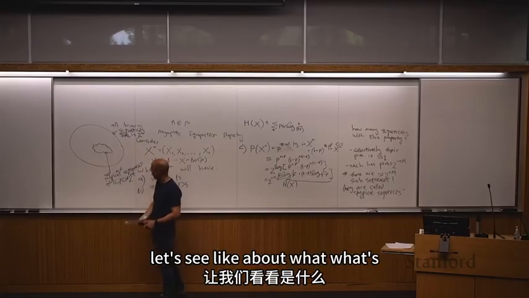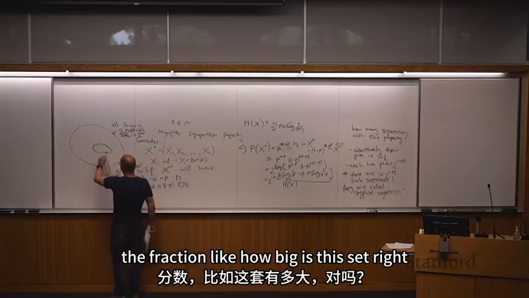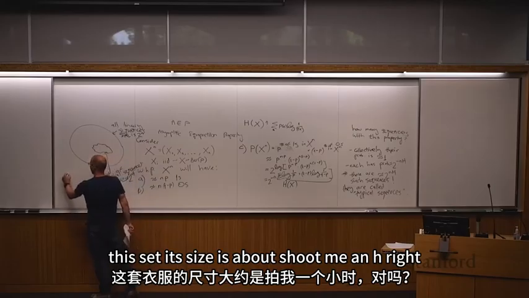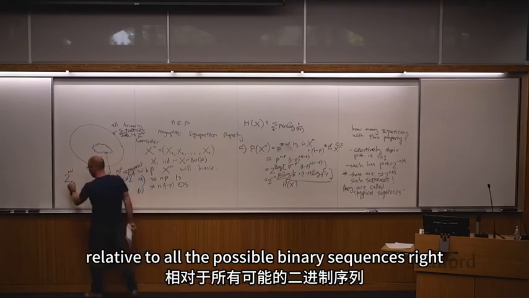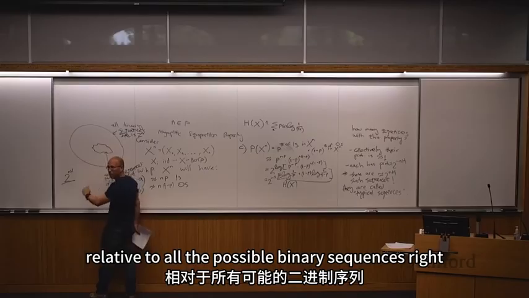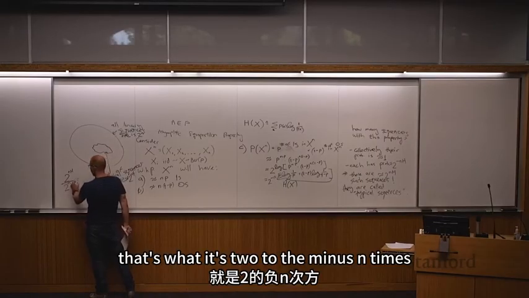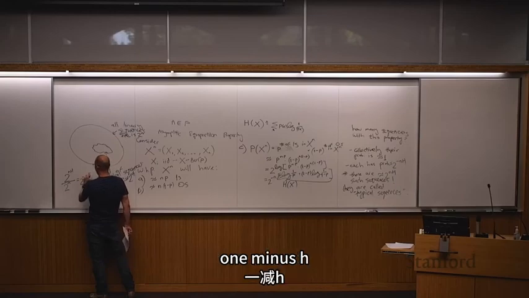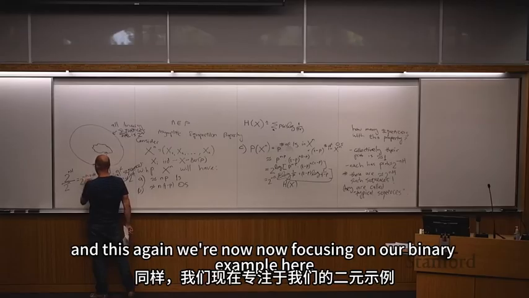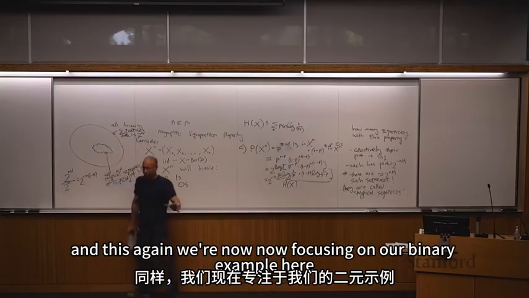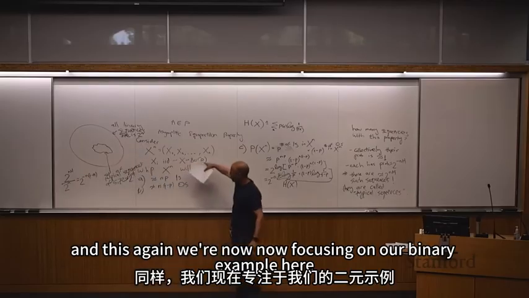How big is this set relative to all the possible binary sequences? It's 2 to the minus n times (1 minus H). Again, we're focusing on our binary example here.